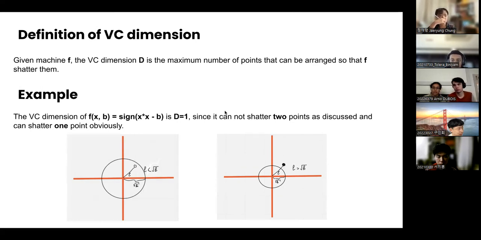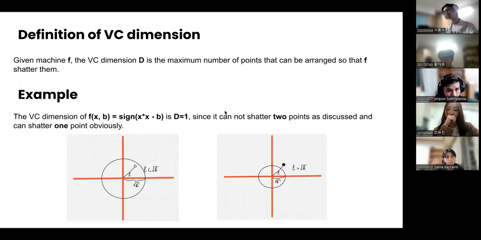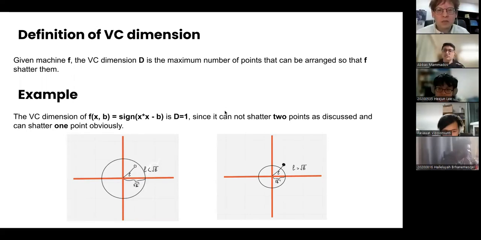Like in terms of arranging, we are not considering all the positionings of the points in m-dimensional space. If we are claiming the VC dimension is D for some machine F, then we need to find some arrangement of the points in that m-dimensional space in which all the arrangements of plus ones and minus ones can be shattered. We are not considering all positionings.